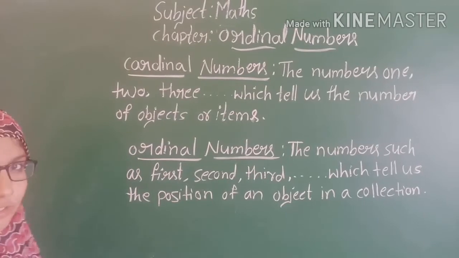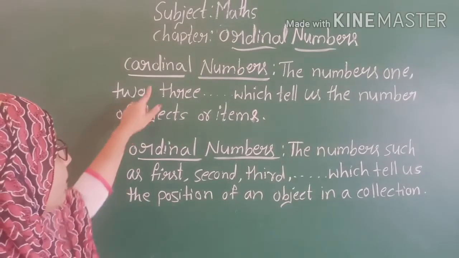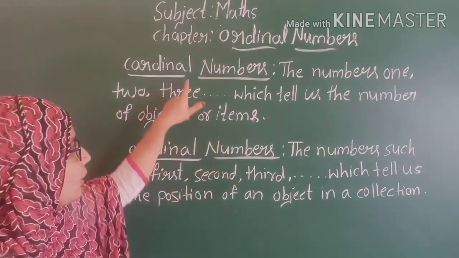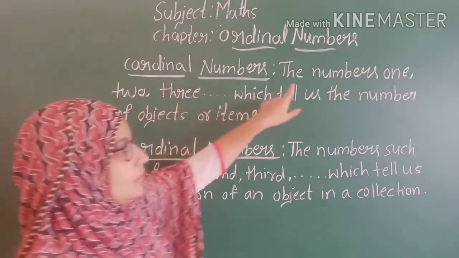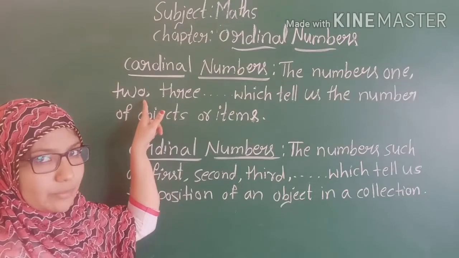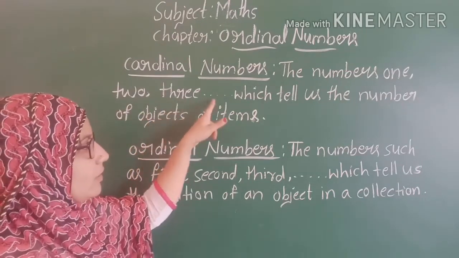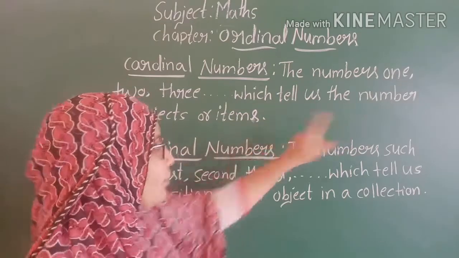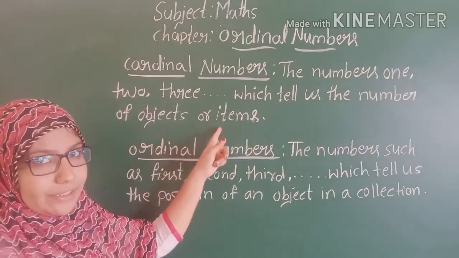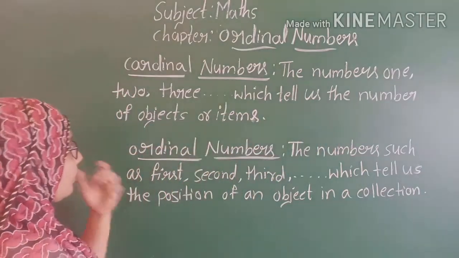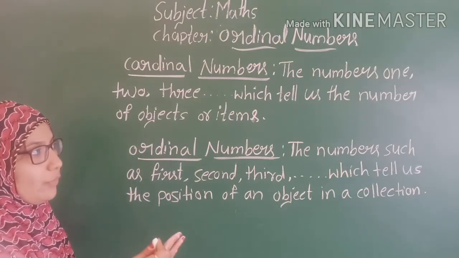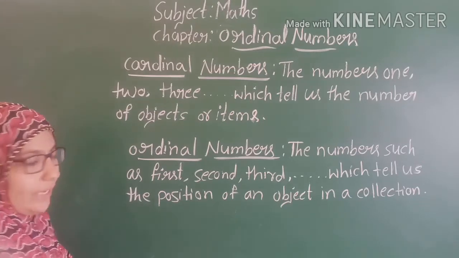See children, here is the difference between cardinal numbers and ordinal numbers. Cardinal numbers means the numbers 1, 2, 3 and so on, which tell us the number of objects or items. We use the numbers 1, 2, 3, 4, 5 up to n.